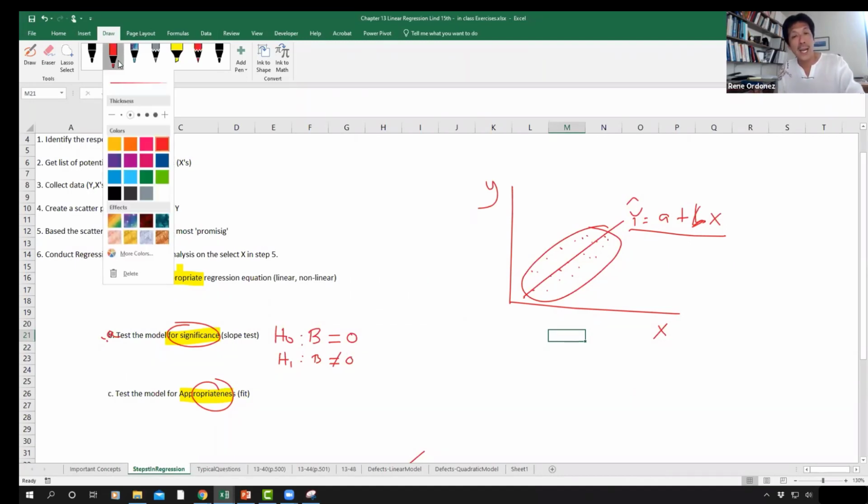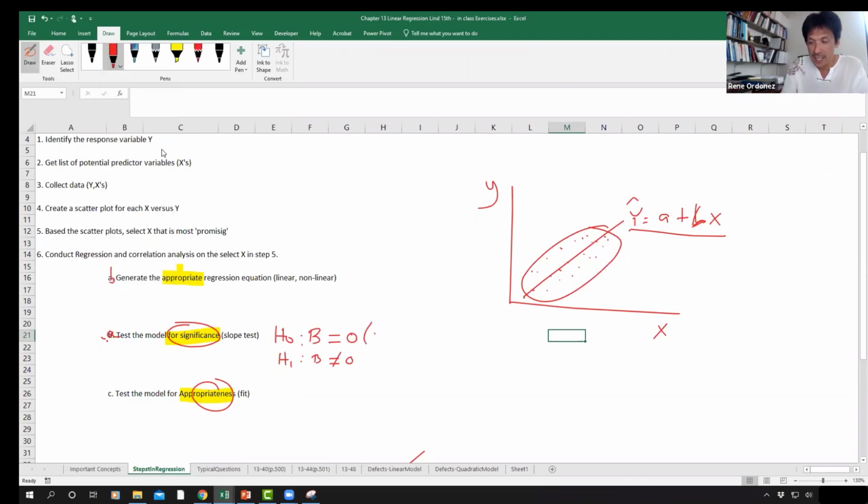Now, the interpretation of the null hypothesis is this. The linear model is not significant. Okay, that's the interpretation of the null hypothesis.